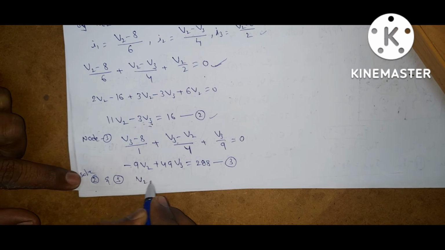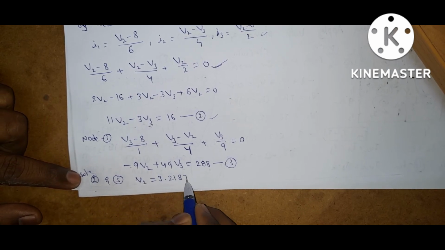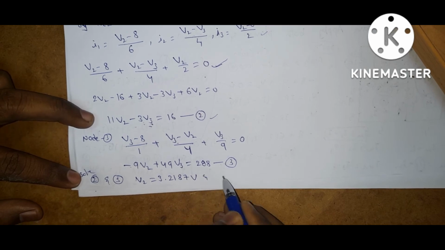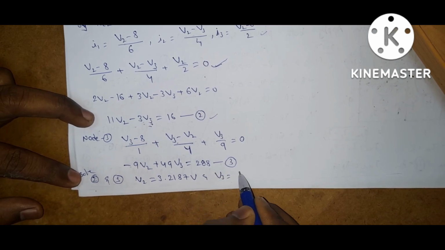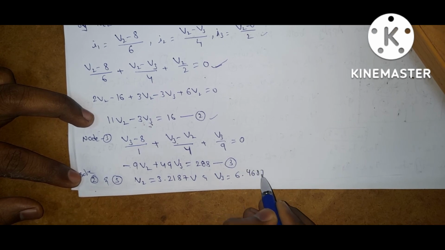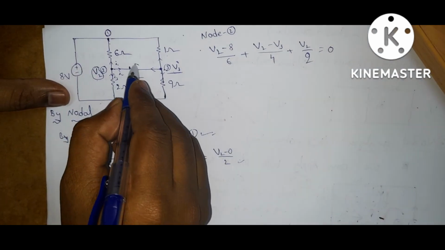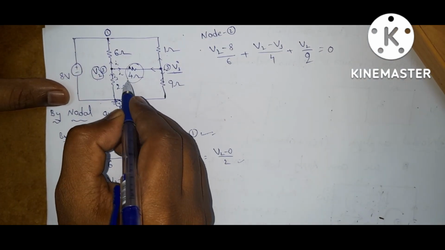You will get V2 is equal to 3.2187 volts and V3 is equal to 6.4687 volts. Now I want to find the power dissipated by the 4 ohm resistor.